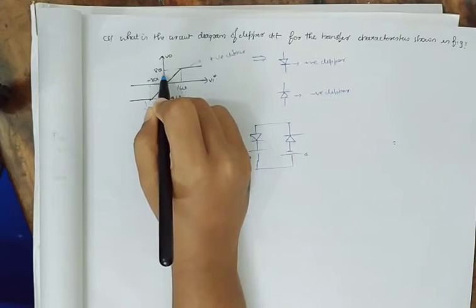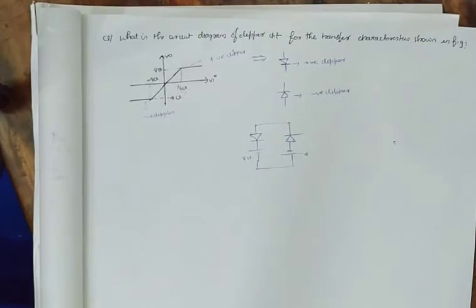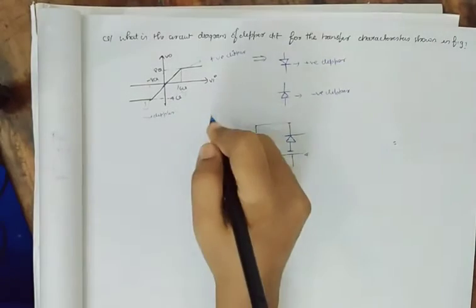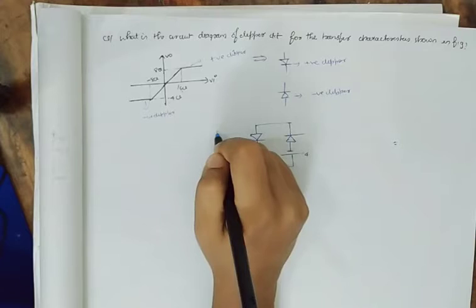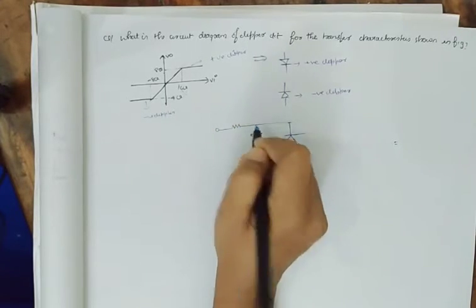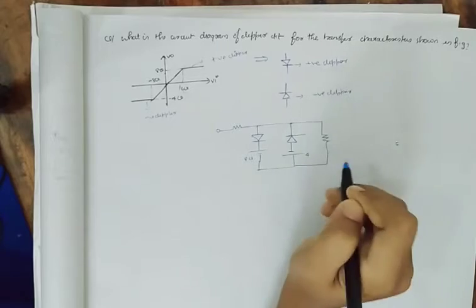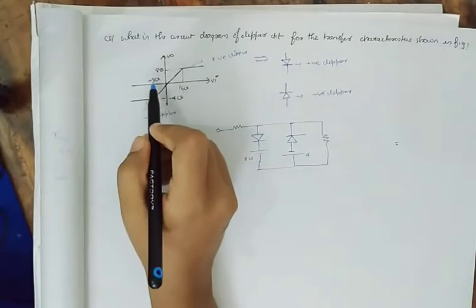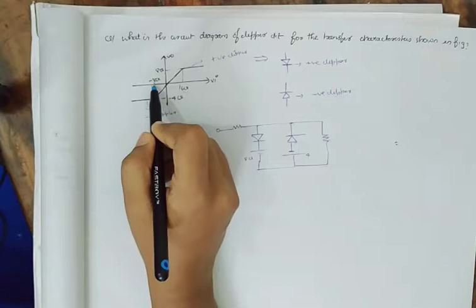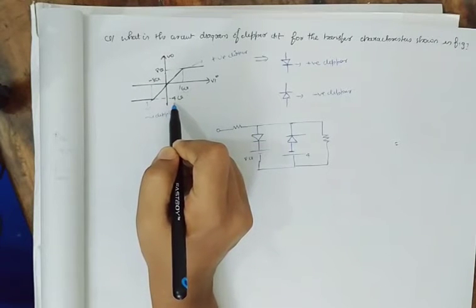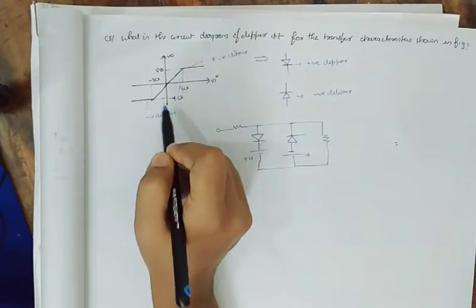To reach 8 volt, the input has to be 16 volt. That means a voltage division happened here, so 16 volt was divided into two equal parts. And here also we can see that when it was minus 8 volt, the output was only minus 4.